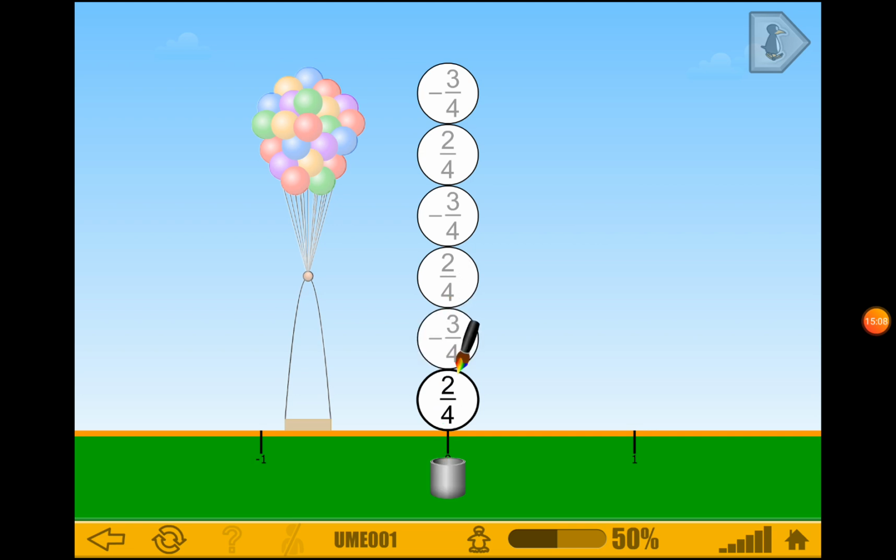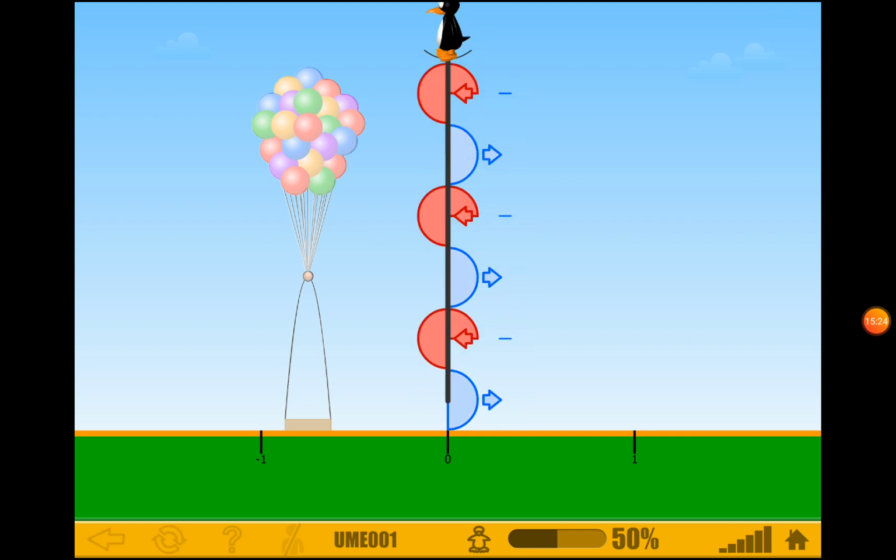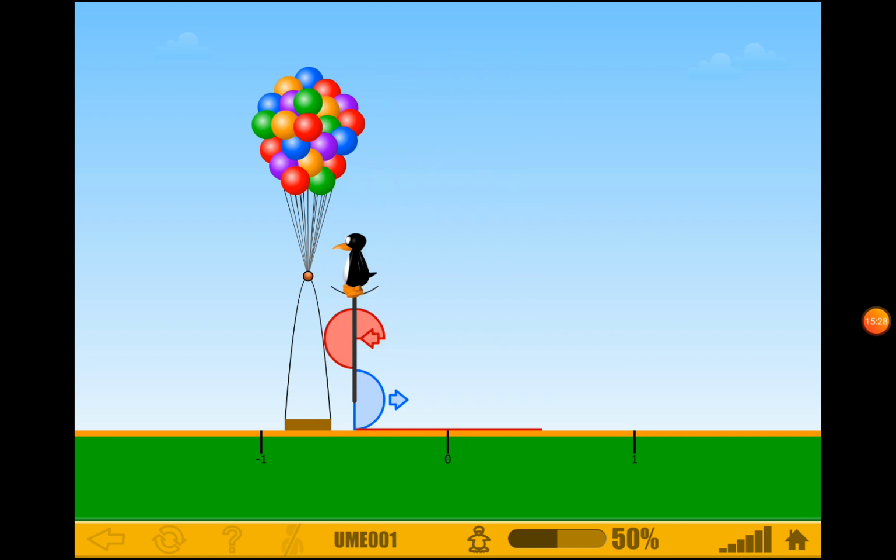Okay, so 2/4 minus 3/4. Negative 3/4 is negative a fourth, then 1/4, then negative half, then 0, then negative 3/4. Yeah, so it's the entire thing. Oh my god. Gigi slowly going to the ground.